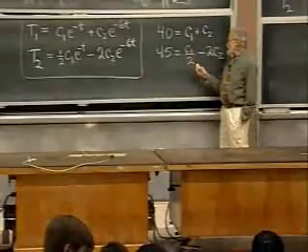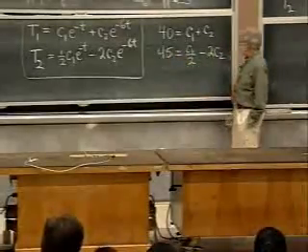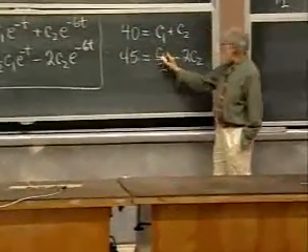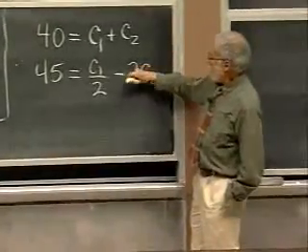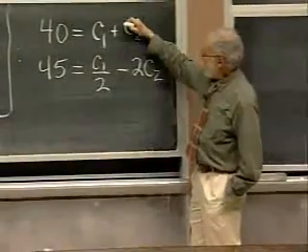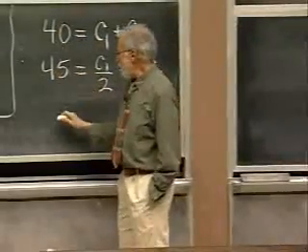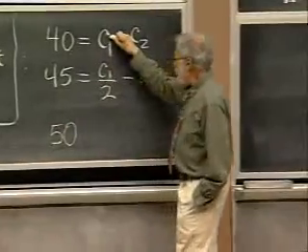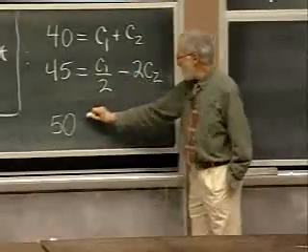So let me see. If I multiply by 2, you get 90 equals c1 minus 4 c2. Then subtract this guy from that guy. So 40 taken from 90 makes 50. And c1 taken from c1, because I multiplied by 2, makes 0.